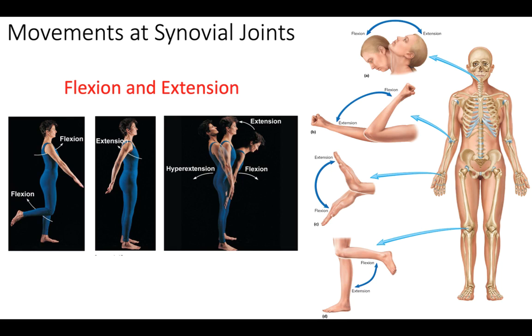What else can you flex and extend? The trickiest is your shoulder. When your arm is straight down along the side of your body, it is at 180 degrees with your head. When you move your arm this way at the shoulder joint, that's called flexion. When you move your arm back, that's extension.